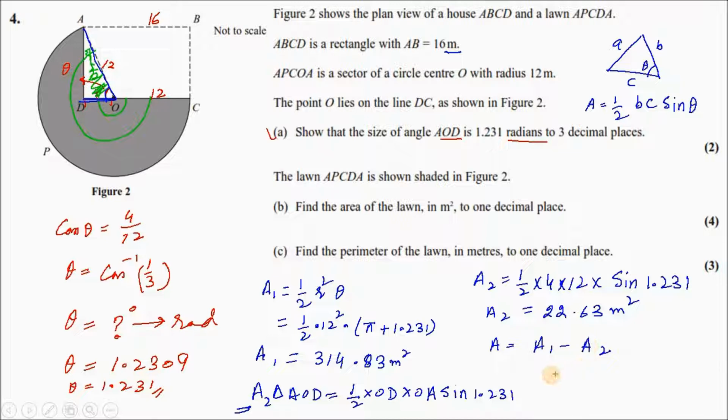If you subtract these two, the area A would be equal to 292.2 meters squared, because we need to give the answer to one decimal place. So 292.2 meters squared. This is the area of the shaded region.